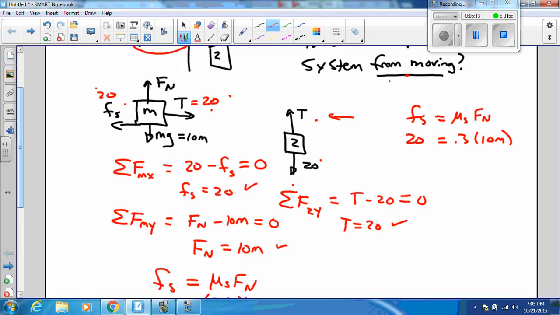The same equation that we had at the end of all of this. So the algebra, once you get the algebra under your belt, you get to the point where you can start doing it a little bit in your head. But for now, I think the safest way to go is with sum of forces.